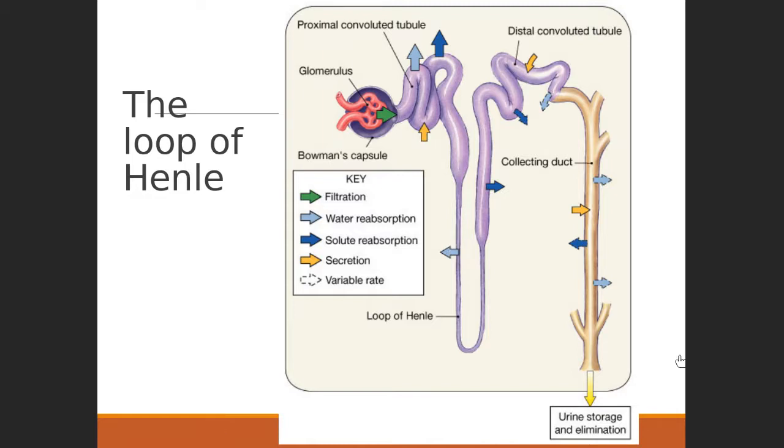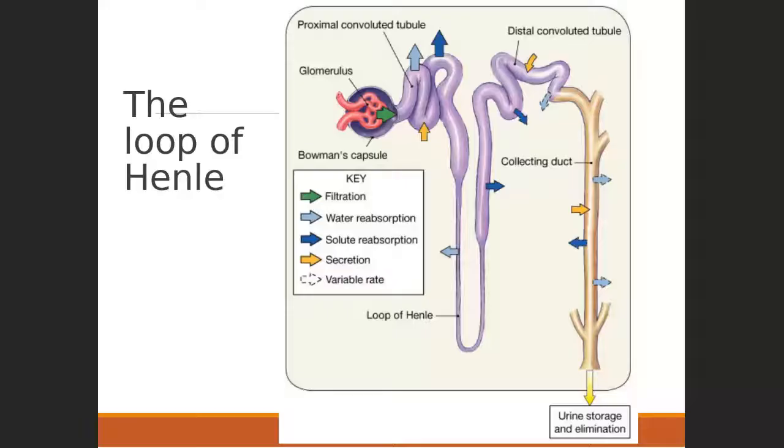From the loop of Henle, we will see the descending limb, the first part that we come to, be only permeable to water. Once we round the turn here and head up, we see the ascending limb be only permeable to salt.